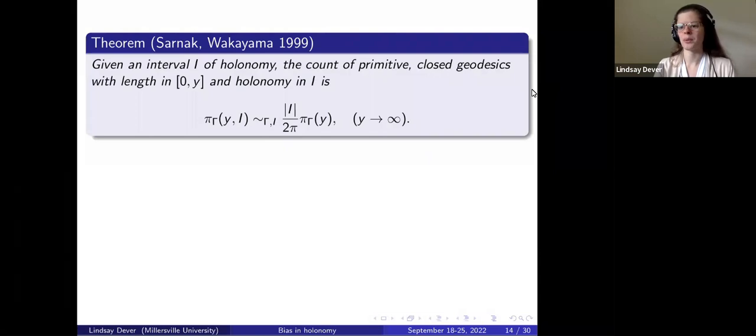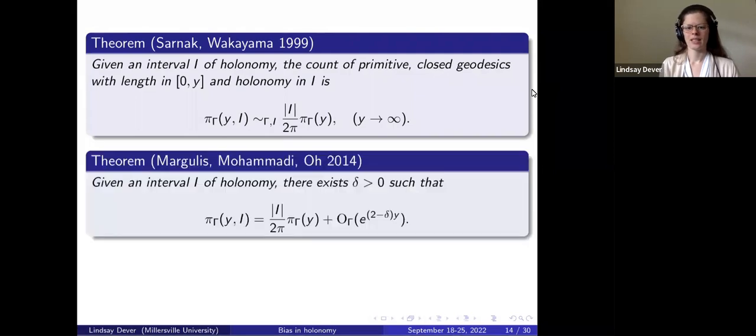So this is another way of saying that holonomy is equidistributed throughout the circle. This angle is equally likely to land in any interval of a given size. And I should say that this was proven in a much more general setting of locally symmetric spaces of finite volume and negative curvature.